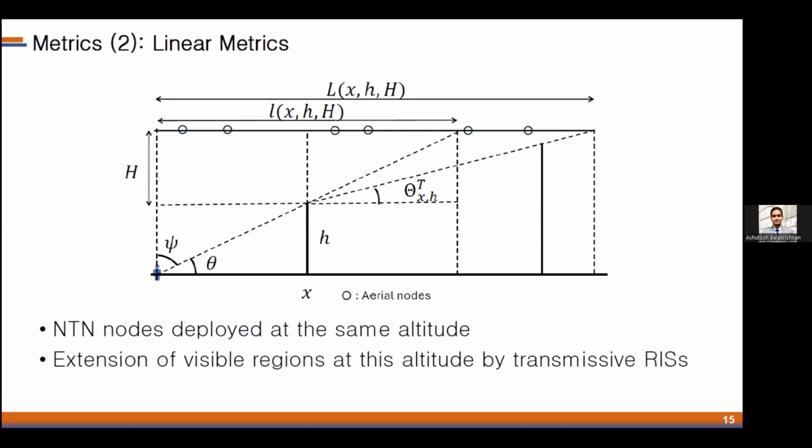Without RIS, small L of X, H would be the visible region without RIS. And the capital L of X, H would be the visible region with the aid of the RIS installed at this building. So we will compare these two.